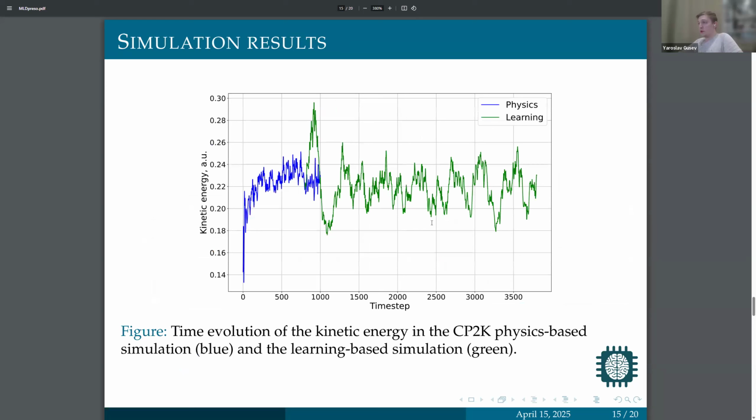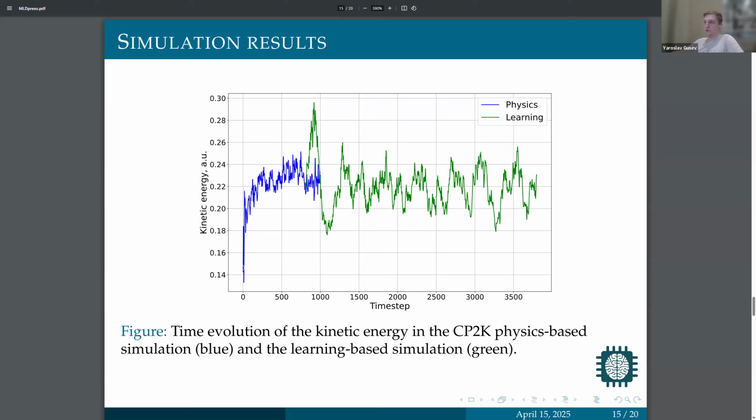Okay, and when we choose the optimal hyperparameters, the optimal set of invariants, we train the models for A and B tensors, and here are the results of the simulation. Essentially, the blue line represents, in this case, the kinetic energy I plot here. From time 0 to 1000, the CP2K simulation was performed.